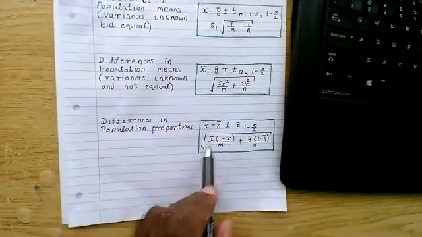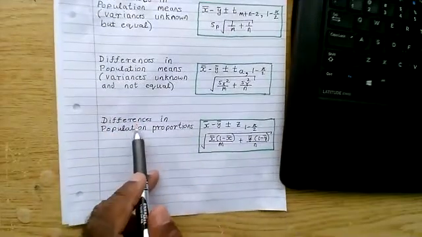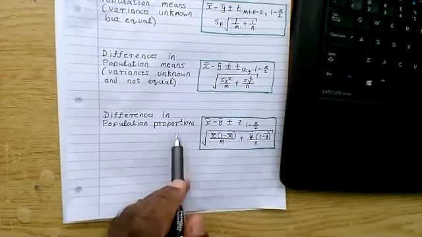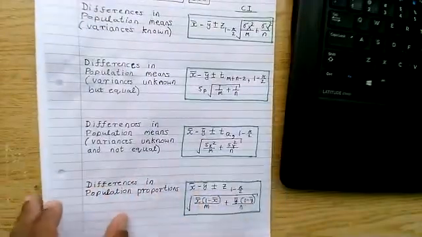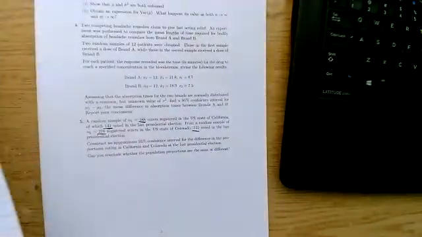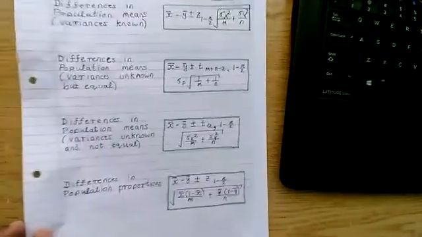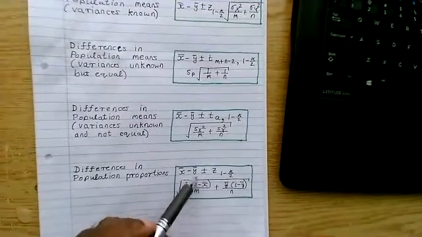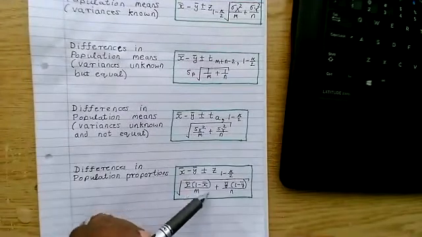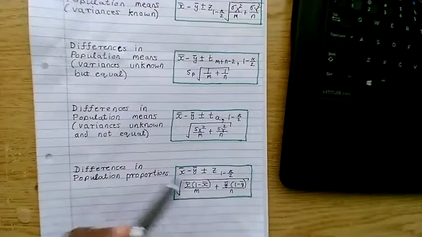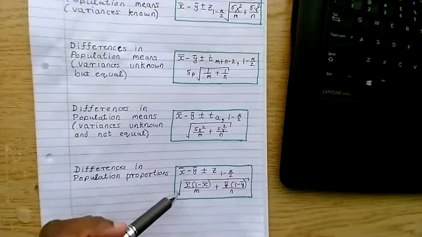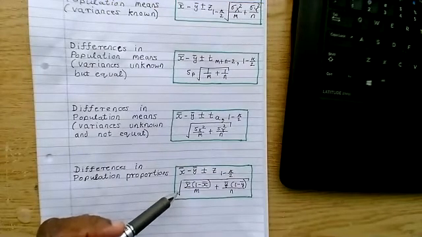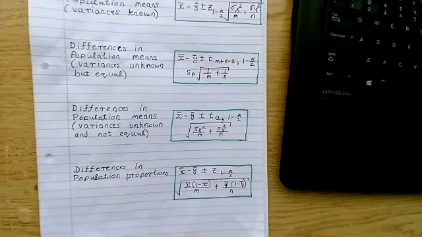And finally, this is the formula that applies when you're looking for differences in population proportions. So of these 4 formulas, the one that applies to question number 5 is clearly this one, because this is the only formula that applies to difference in population proportions. So I'm going to show you how to use this formula to answer question 5.